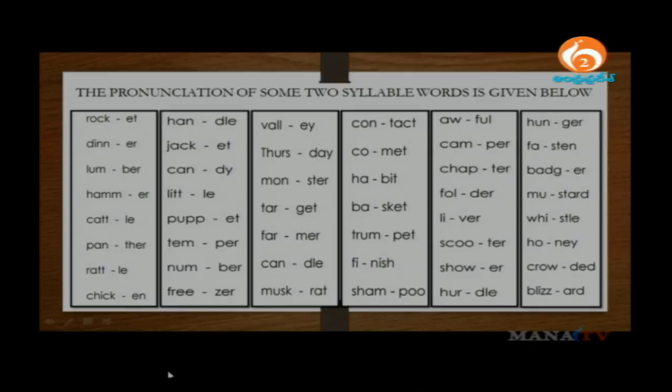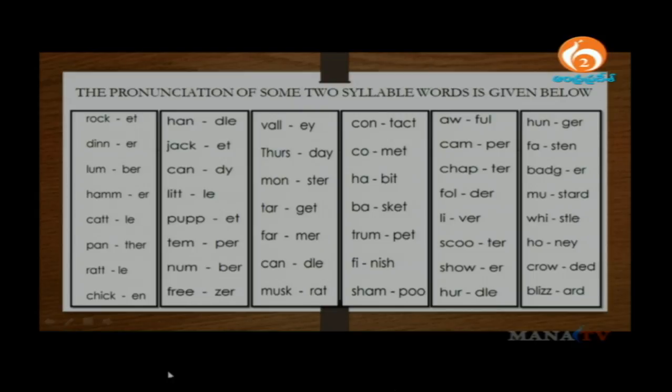So now I'll take you to the next slide. There are a few uninterruptions in between these words which can make you pronounce the two-syllable words. Yes, all these which are mentioned below are two-syllable words. I'll pronounce a few for you.